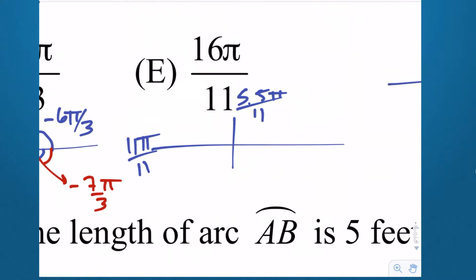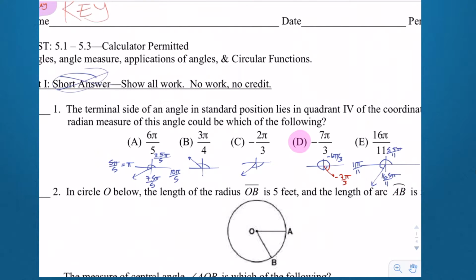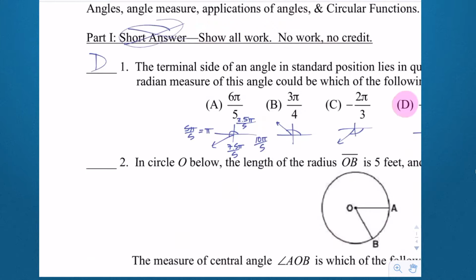So if I add 5.5 to 11, I get 16.5 pi 11ths. So that tells you that's what it is down here at 270. So we are stopping just short of 16.5. So that is a quadrant 3 angle, which is not the right answer. So the correct answer is D, as in, dang, I'm having fun already. Or D, right answer. Okay, either one.